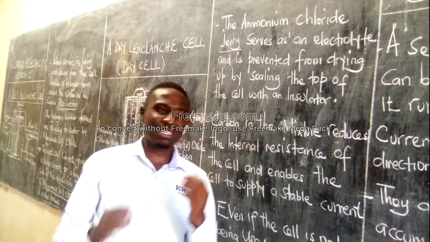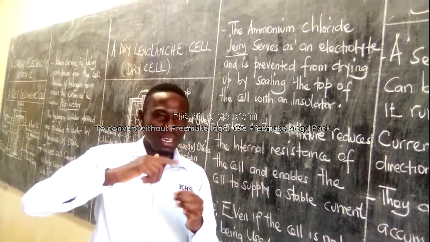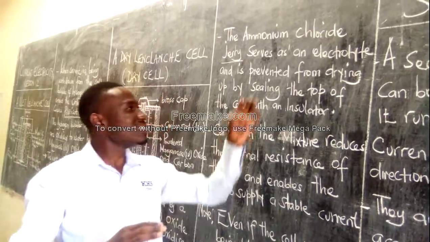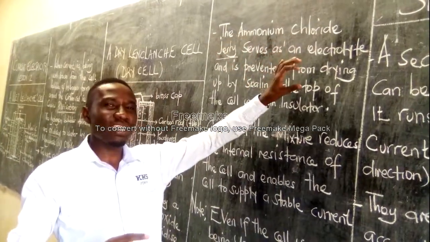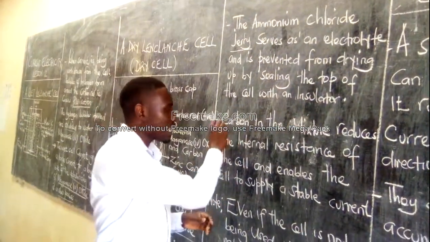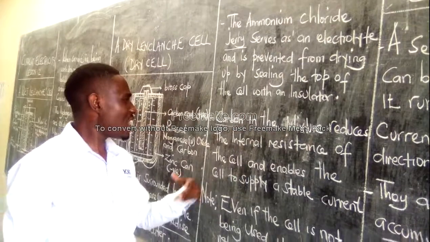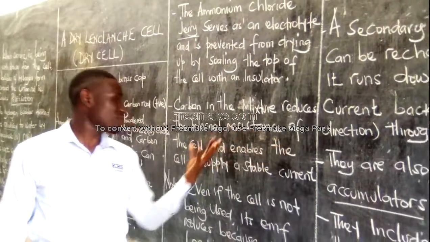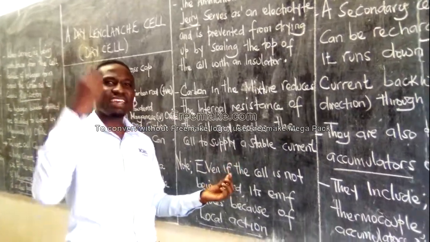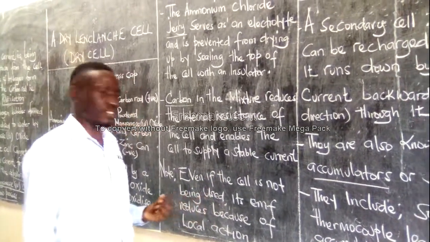I don't know whether you know the dry cell, there is that cut-off part, which is blue or purple kind of. That part's role is to prevent that ammonium chloride jelly from drying up. Then, like I told you, carbon in the mixture reduces the internal resistance of the cell and enables the cell to supply a stable current.